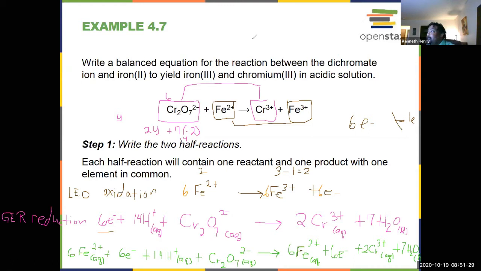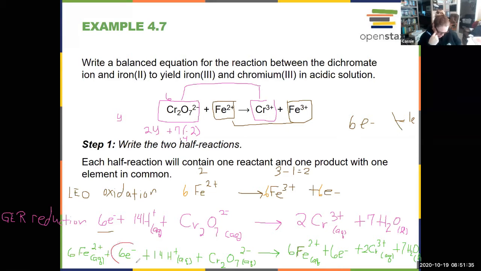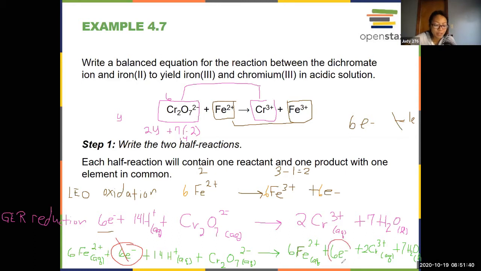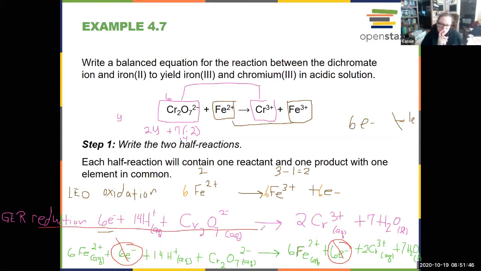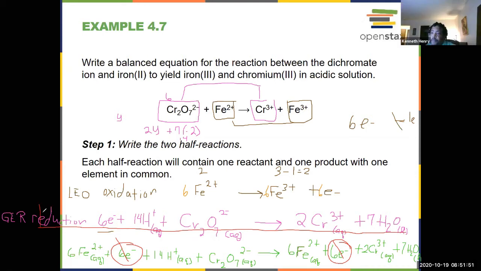Okay, so what are my spectators? Electrons. The 6 electrons. Does it matter which equations you write in the whole equation? You know how you put the reduction equation and the oxidation equation together?